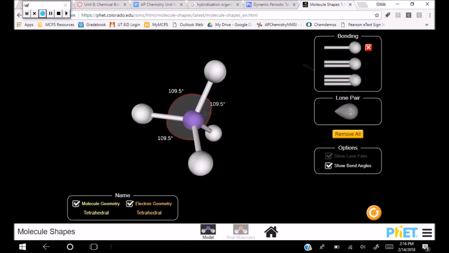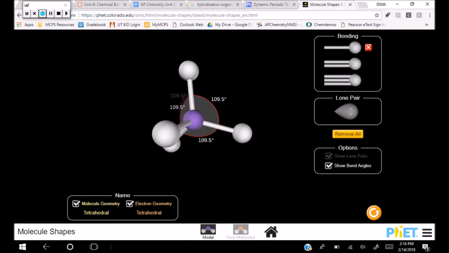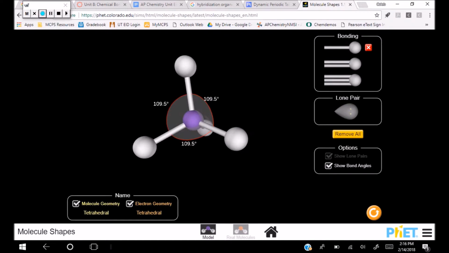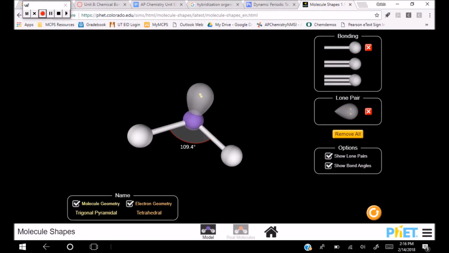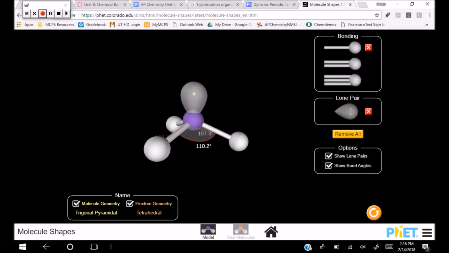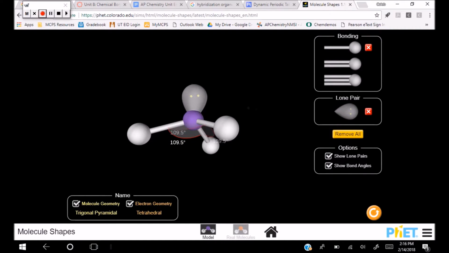And it is a fairly symmetrical molecule. All right, tetrahedral, if you think about it, tetra means 4, so we have 4 bonds. If you ever played the video game Tetris, all those shapes have 4 blocks. That's the way I best remember it. If you take one of those away and add a lone pair, we end up getting a shape called trigonal pyramidal.